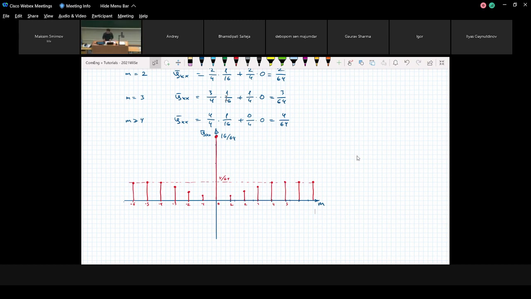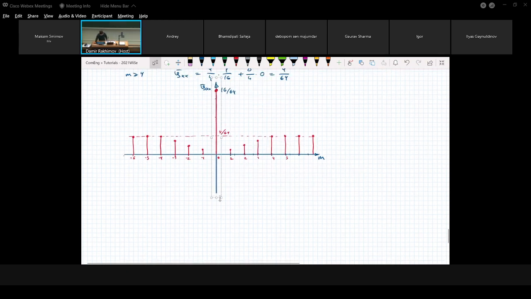Let's go to the next question, 4.5, and then 4.6 if we have time. For 4.5, we consider an ideal low pass filter with a triangle transfer function.